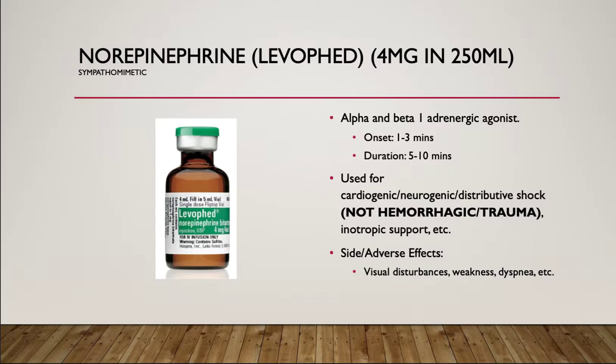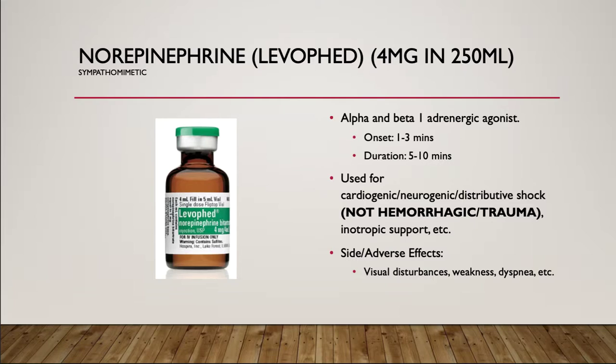We're using this for cardiogenic, neurogenic, and distributive shock, but please do not use this for hemorrhagic shock or trauma. You want to just use it for that inotropic support, and think about the heart as a pump, or their vasculature as a pump. If it's empty, making it pump harder is not going to do any good.